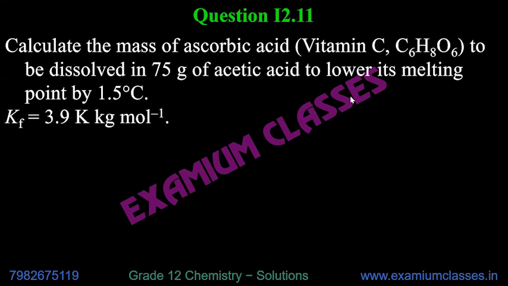Remember, melting point is just reverse of freezing point. Melting point is just opposite of freezing point. You are moving in reverse direction. That's it. Otherwise, melting point and freezing point is same.